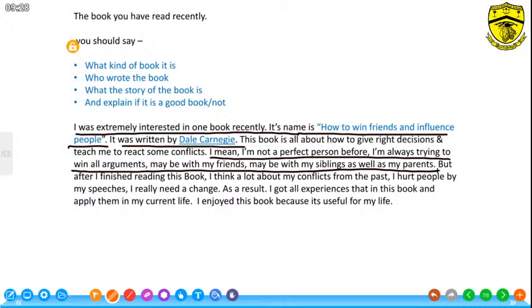As a result, I got all the experiences in this book and applied them in my current life.